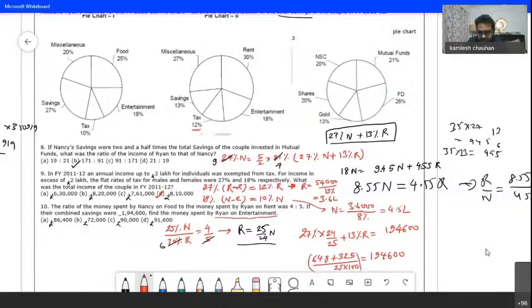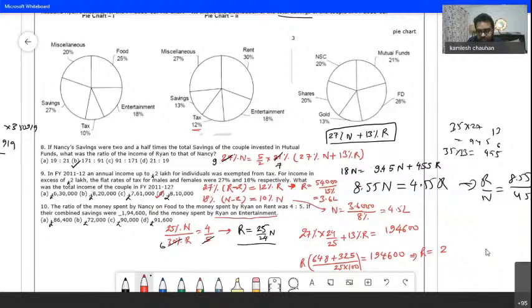This is the value of Ryan's salary. Now this number, if we add, we'll get how much? 973, which is good because this will cancel it out. Nice.